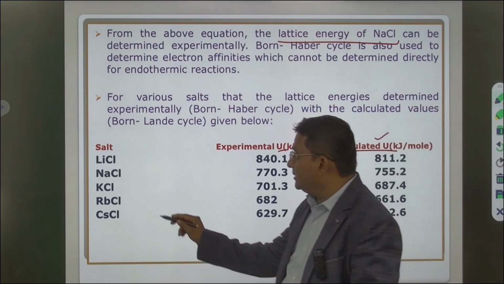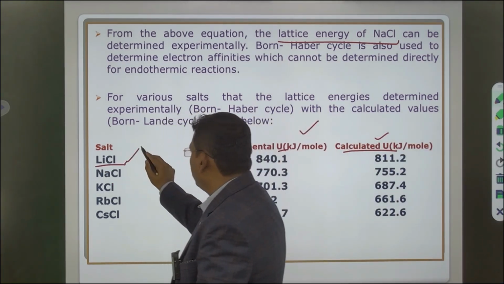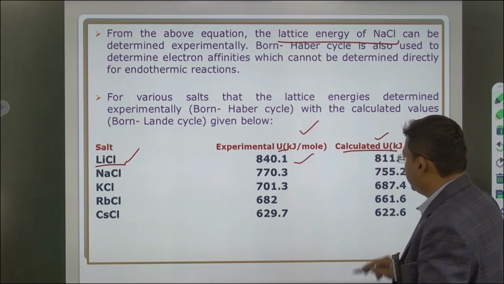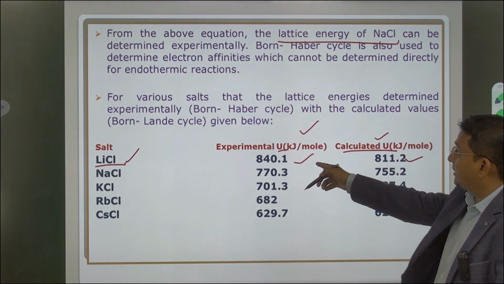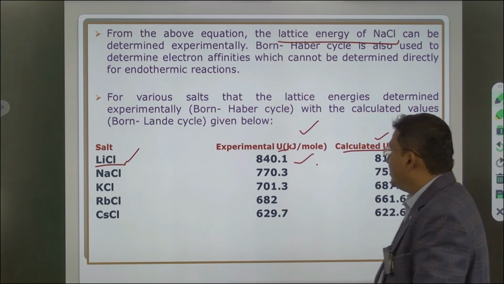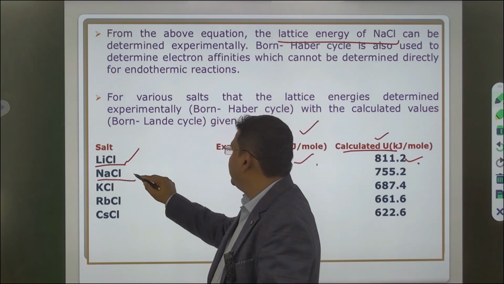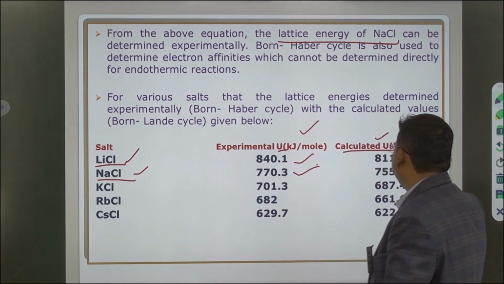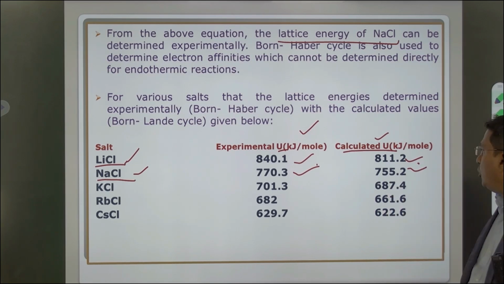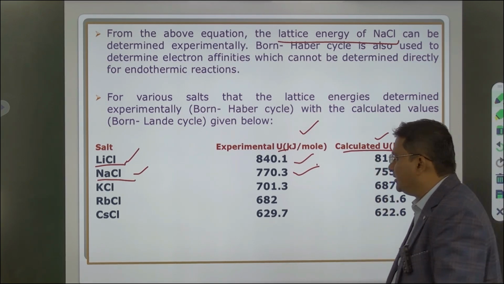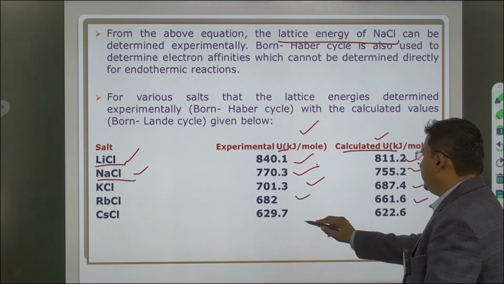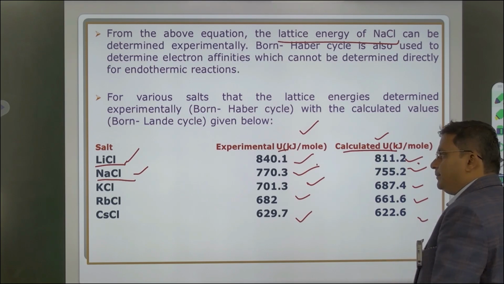See, lithium chloride, when we consider lithium chloride, this is the experimental value and this is the calculated value. Like NaCl, we also find close values of experimental and calculated values, as we see here.